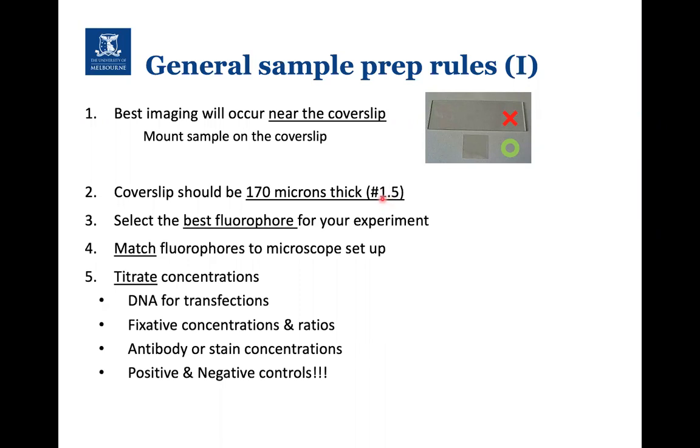That's a number 1.5 cover slip. So you'll get the best image quality if you're imaging through a cover slip with the sample mounted directly on the other side of the cover slip. If your sample is mounted on the slide or you're trying to image through a slide, that glass is obviously thicker and therefore you'll get lower quality images.